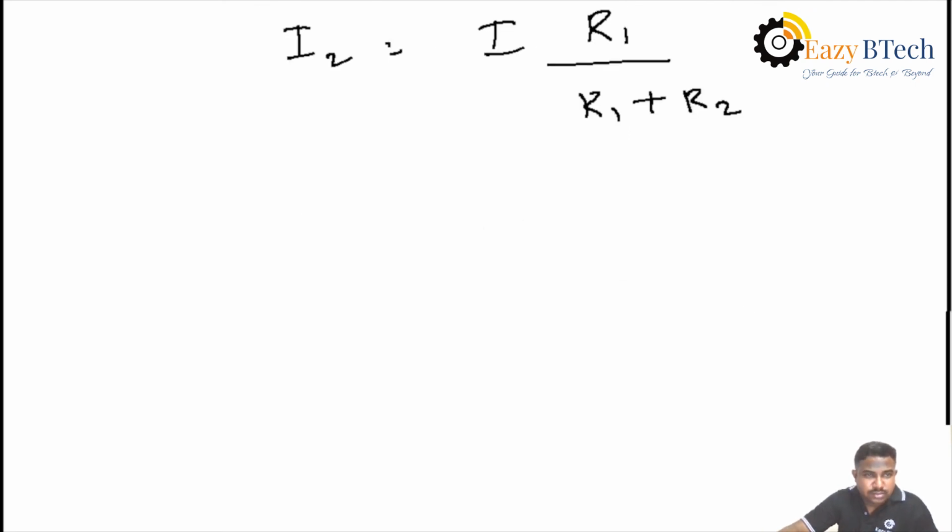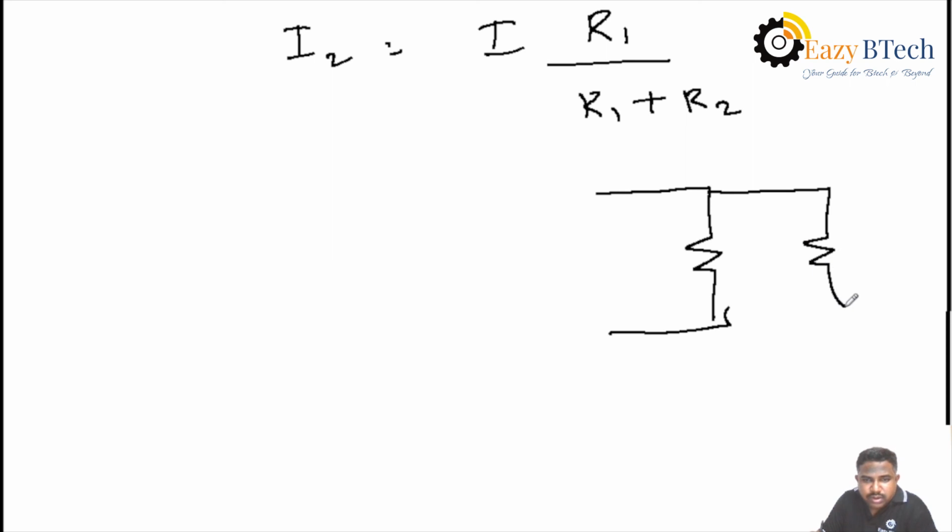For example, here you can verify KCL by taking an example. Consider a circuit having two elements, both connected in parallel.